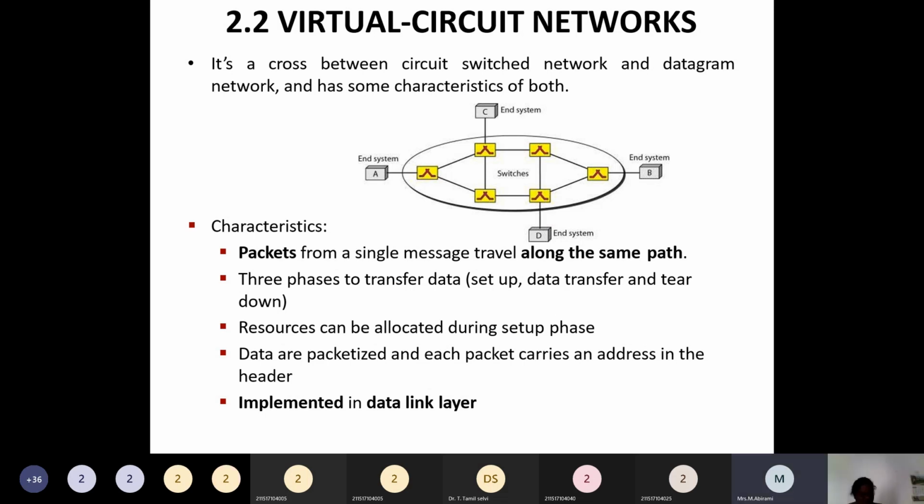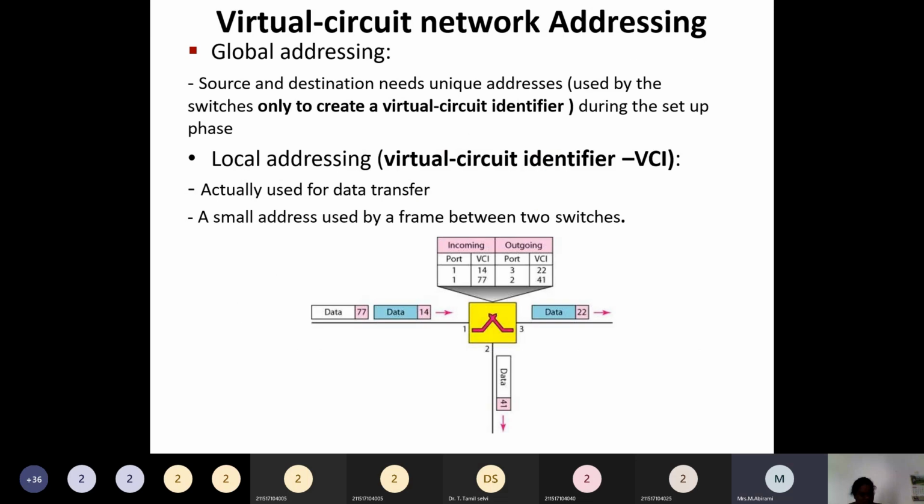Also, the virtual circuit network uses a routing table, identified using global addressing. Global addressing is a unique address. It is used by the switches only to create a virtual circuit identifier. So the VCI represents identifying the destination in the setup phase.